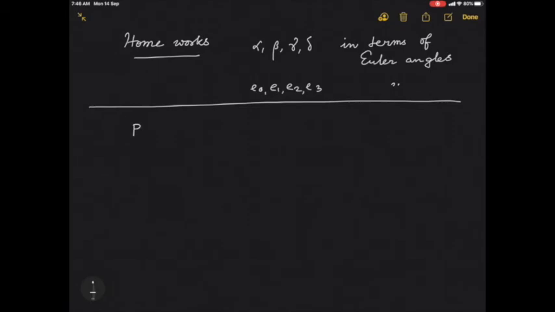And one realizes that I have this P which is representing the state of rotation. And you see, it is a state of 3 rotations.